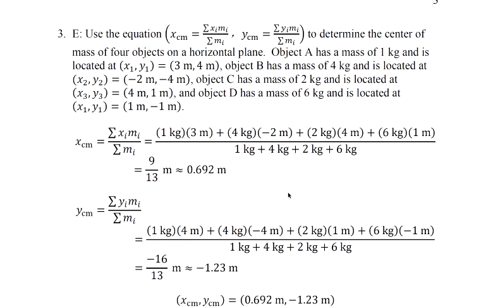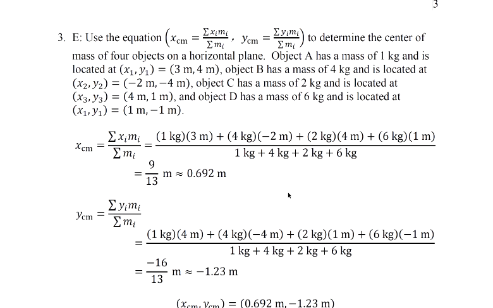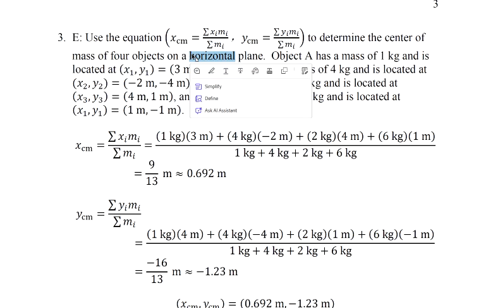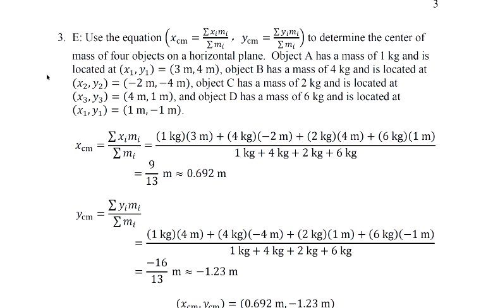Question 3, we're going to use this equation in 2 dimensions to determine the center of mass of 4 objects on a horizontal plane. So we could delete this word horizontal because it doesn't make much sense. It's on a plane. So we have each mass of the object and its position.